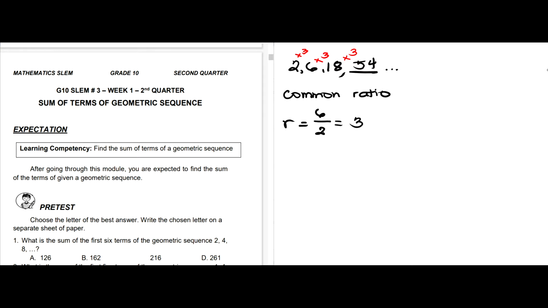Therefore, the sum of this geometric sequence is equal to 80. Their sum is 2 plus 6 plus 18 plus 54. Now, what if you are going to add a lot of terms of a geometric sequence, let's say 15 to 20 numbers? What are you going to do?